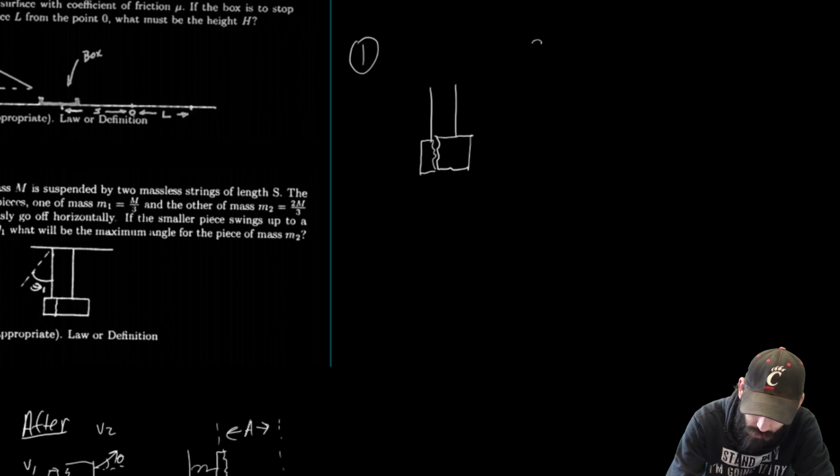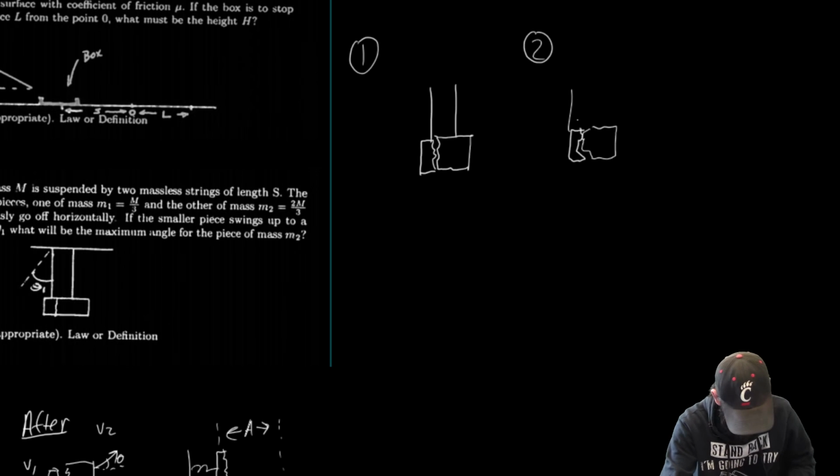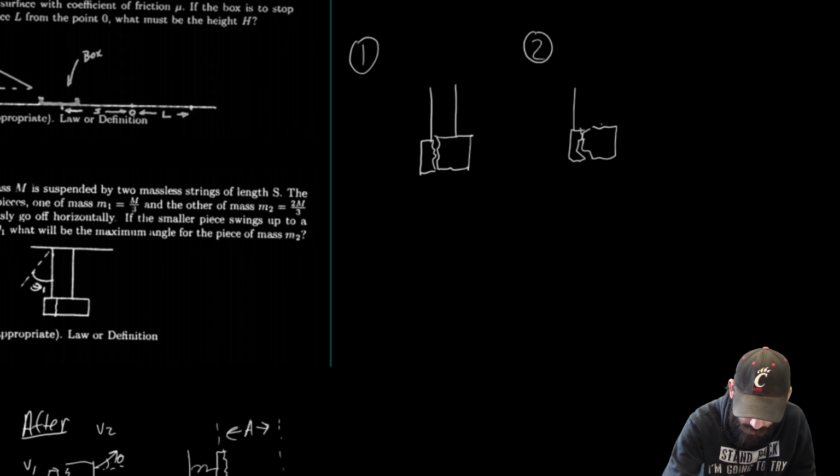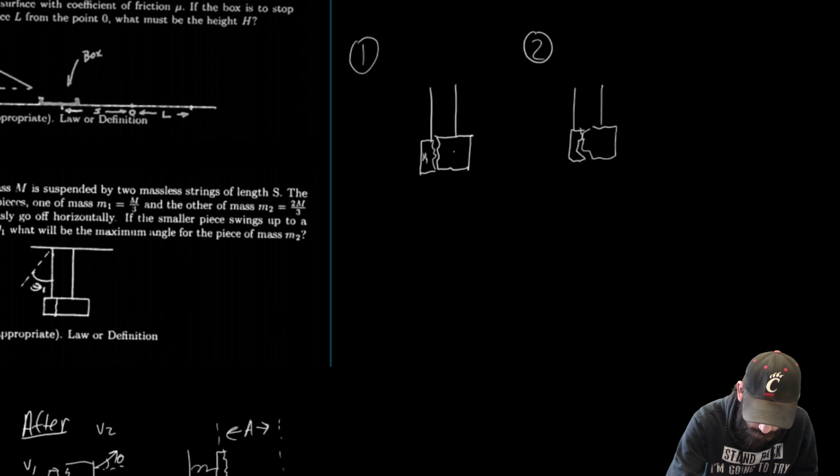Then state 2 is the instant that these blow up. So this is going to explode with some velocity. We'll call this portion M1 and this one M2, call this V1 for our M1, and this is going to be V2.